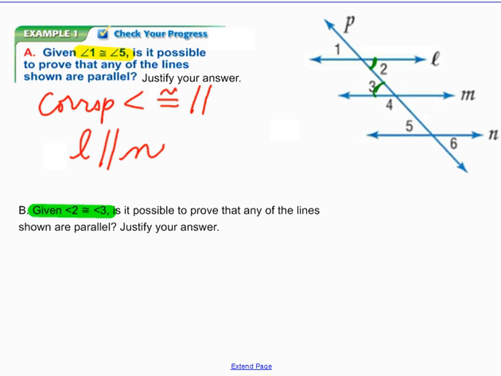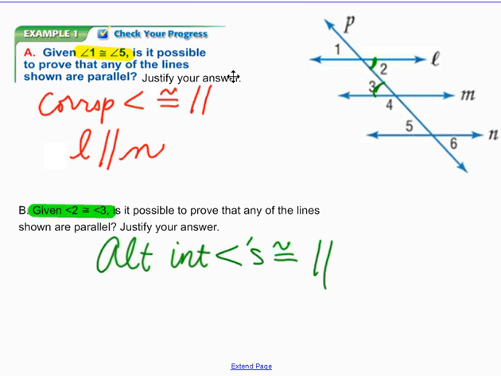Well, we can prove that line L and line M are parallel because we have alternate interior angles that are congruent, and we have parallel. These are alternate interior angles. They are between line L and M, and so that means that we can prove that line M is parallel to line L.